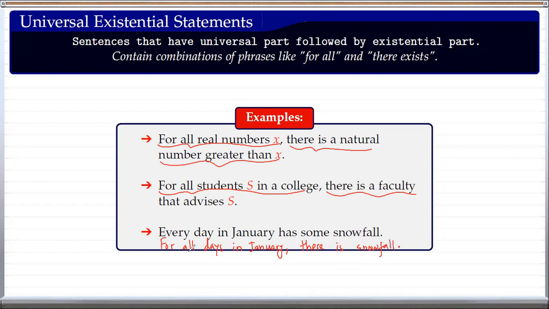So now this one follows the same format as the first two examples. Here, this is the universal part, and this is the existential part. So this is also a universal existential statement.